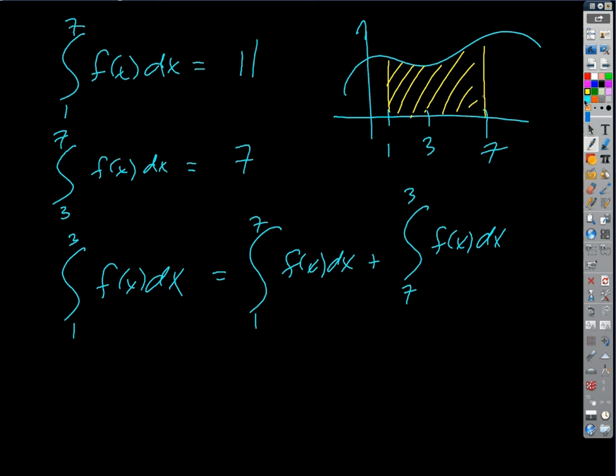Which means this one moved in this direction. Now we're going to add up the area from 7 to 3 in that direction, and that's going to leave us with that area, right? As long as those two limits match up, it has to work.